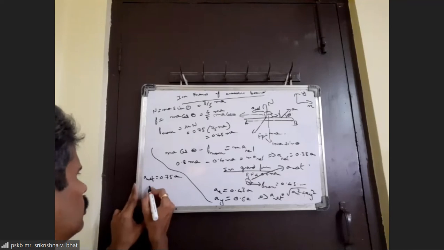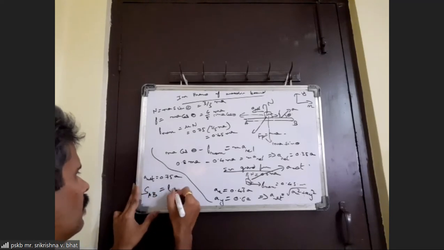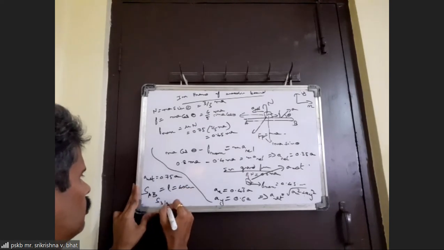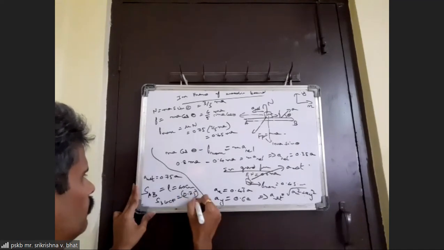So we can say displacement of AB is L, equal to 40 centimeters, and displacement of block should be 0.75 times that.